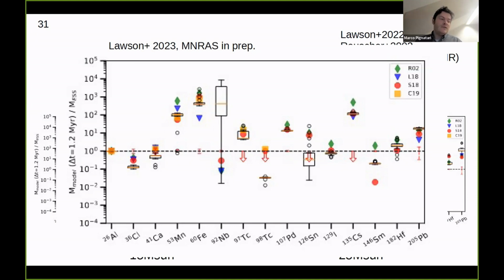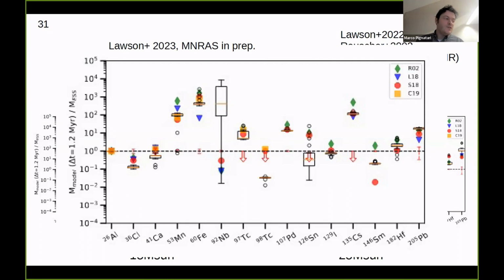Again, I'm going really quickly about something that would actually require a full seminar by itself, but it's really interesting because, even considering all of these different models, if you consider iodine-129 over aluminum-26 production, all these models seem to be really consistent in saying that there is a relevant production of iodine-129.